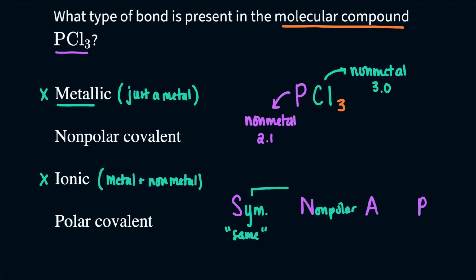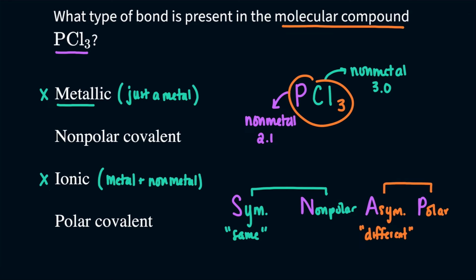But if your bond contains asymmetrical elements, which are the different ones, then your bond would be classified as a polar bond. I don't really need to know how to draw out the correct Lewis structure here. All we have to do is know who the bond is with. I know that I have a phosphorus and a chlorine, so the bond is going to be between the phosphorus and the chlorine.